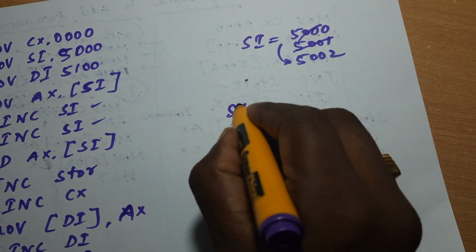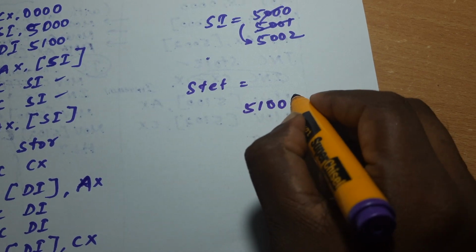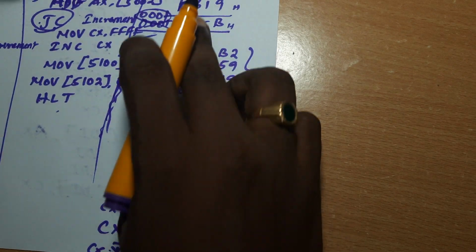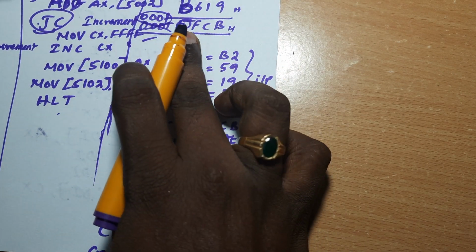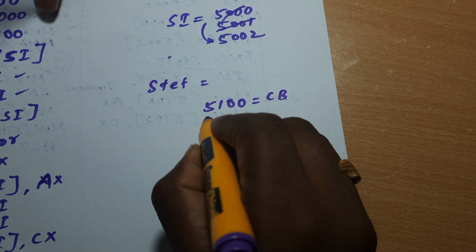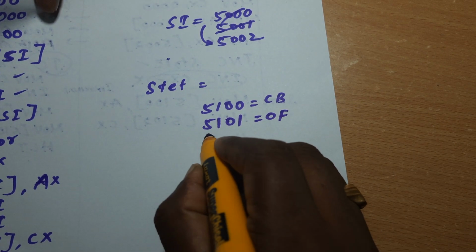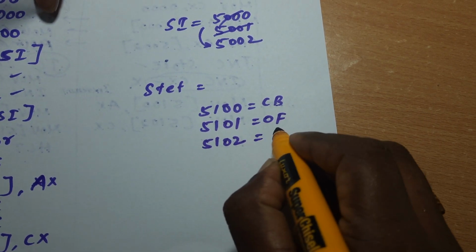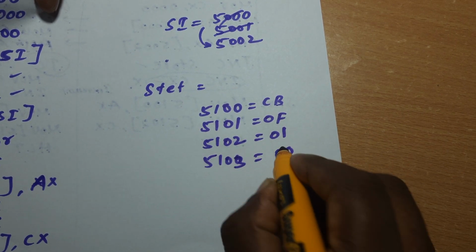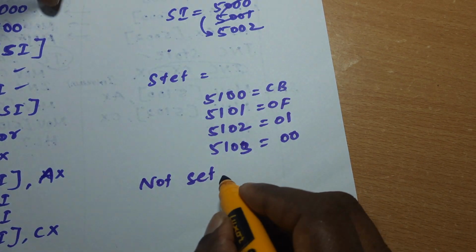So if carry is set, what happens? 5100 has the output, and what are the outputs? 0FCB. So 5100 has CB, 5101 has 0F, 5102 has 01, and 5103 has 00.